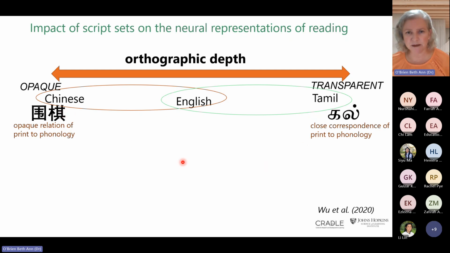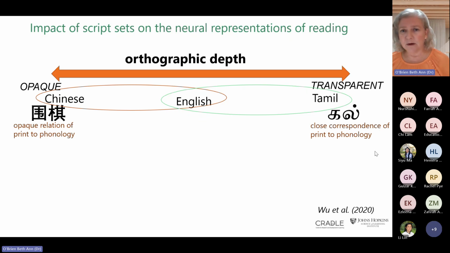So these were young adults. And of interest is for each of the scripts that they know, like for Chinese readers, they know the opaque script of Chinese, where reading English is relatively less opaque, versus the Tamil and English readers. For them, the Tamil language is more transparent and English is relatively more opaque.